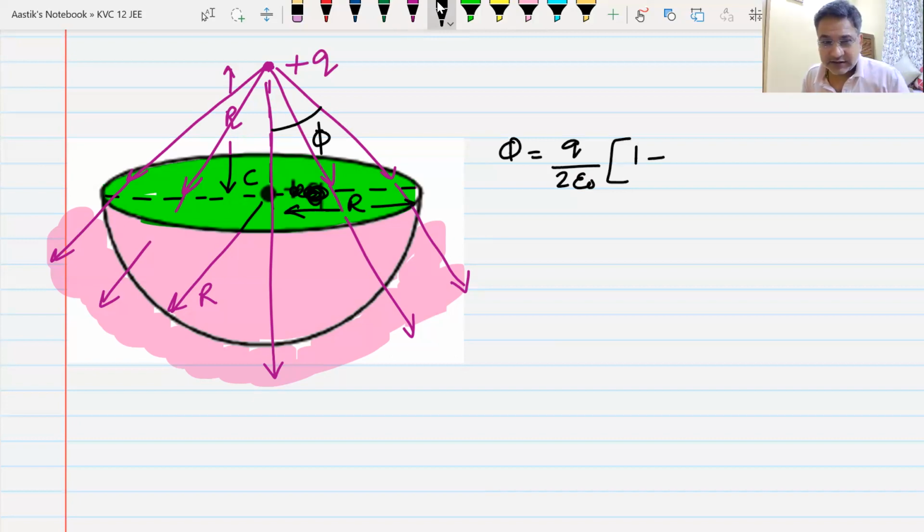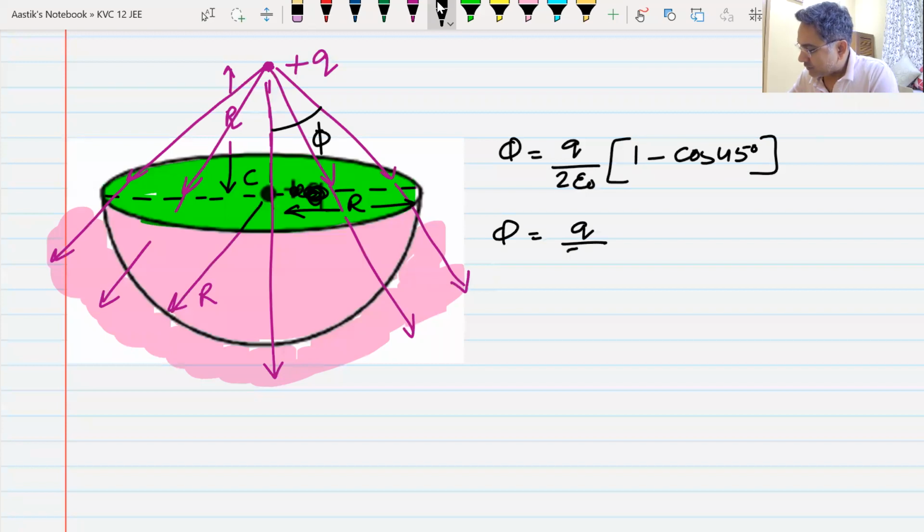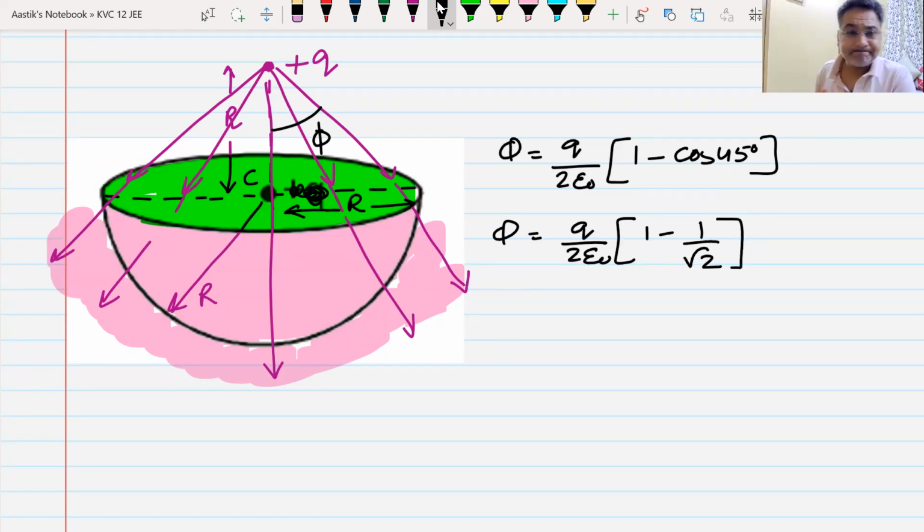So phi in this case becomes 45 degrees. 1 minus cos 45 degrees, and our answer is Q by 2 epsilon naught into 1 minus 1 by root 2. Do we understand this? Everyone understands this?